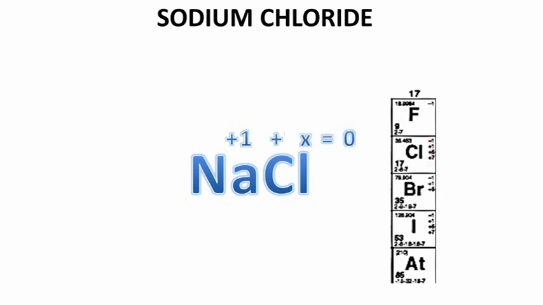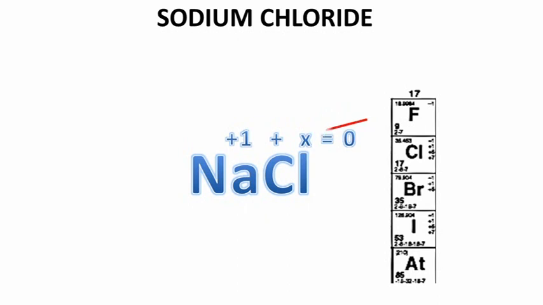To figure out which one to use for chloride in this compound, remember that for a stable compound, the oxidation numbers must cancel out. In this case, X will represent the oxidation state of chloride.